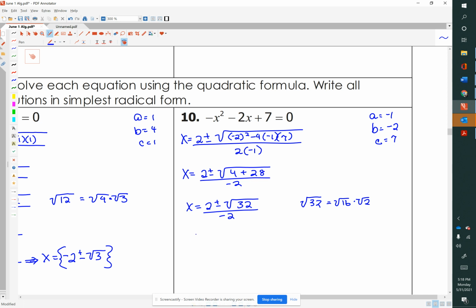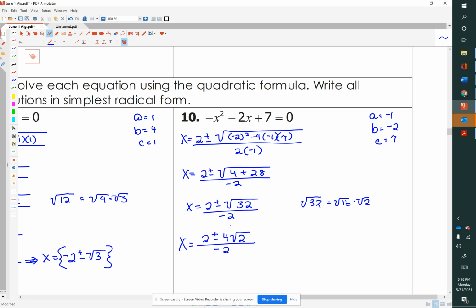So the square root of 16 is 4. So that would be 2 plus or minus 4 times the square root of 2 divided by negative 2. I'm going to rewrite that x a little bit to the left so it's easier to understand. Actually, I'll move the equal sign too. Yeah, that's a little clearer.